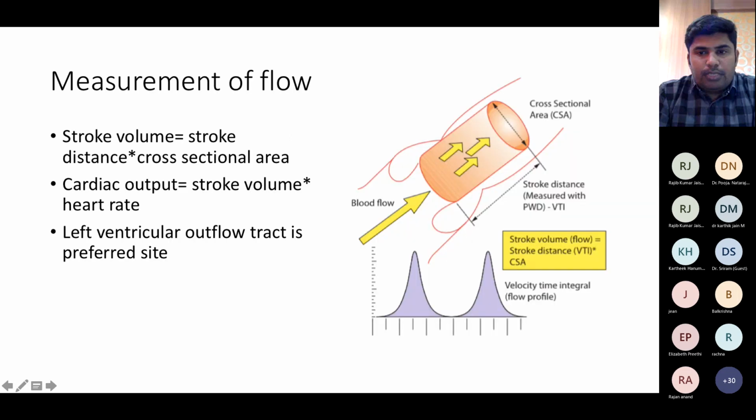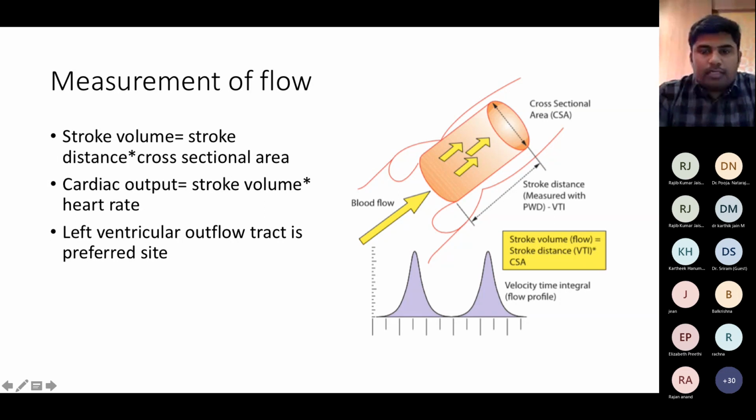Coming to the basics of hemodynamic measurements, the first is the measurement of flow. In the heart there is no continuous flow; it is a pulsatile flow. At any point where we keep a Doppler cursor, we get a flow profile similar to this. When velocity is plotted on the y-axis and time on the x-axis, the velocity rises from the baseline as the heart starts ejecting, reaches a peak, and once again comes to the baseline.